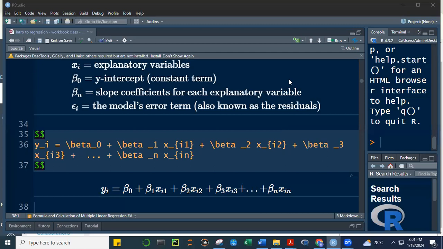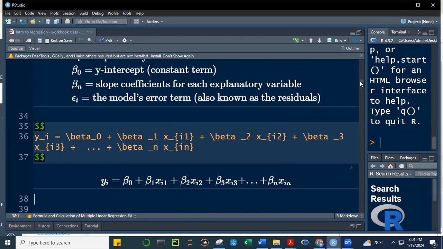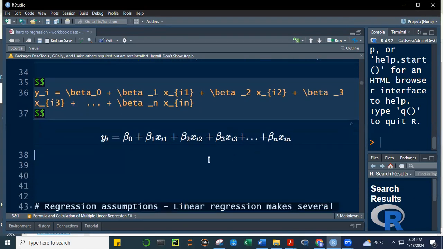Okay, thank you. All right, so take a look at this, class. Is this equation correct? What's y sub I? Y sub I is your actual value. That's the value that you get when, let's say, you're surveying, or we got secondary data, and this is the variable of interest.